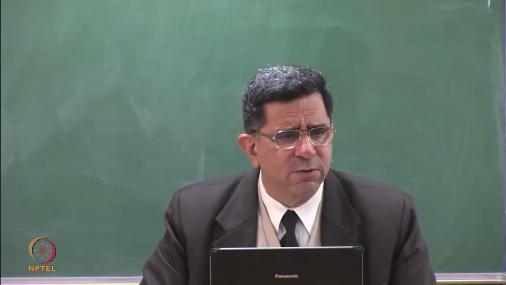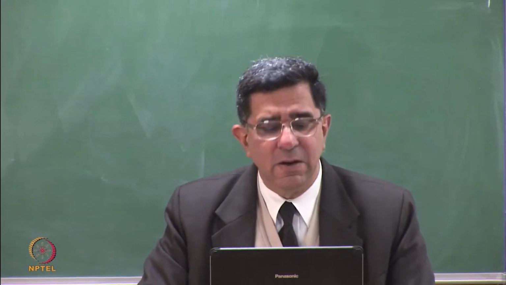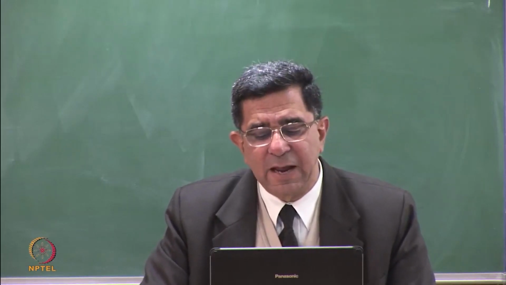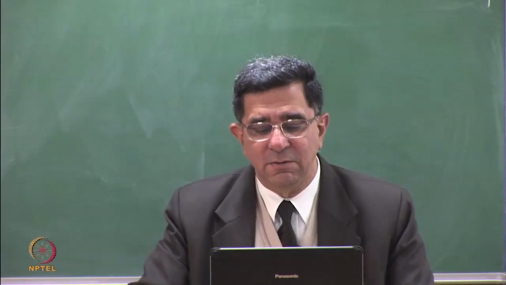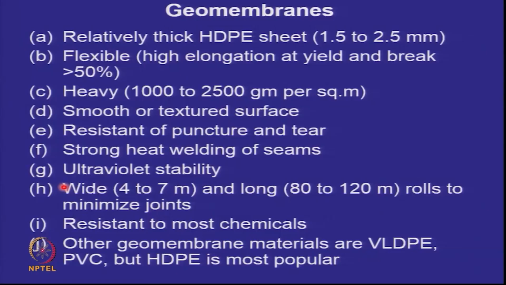That's the width of your drawing room perhaps. So you can get very wide rolls, and the rolls can be as long as 100 meters. So that's the football field. So these can be rolled and they'll come in a truck. To minimize the joints, the wider, the longer, the fewer the joints. They are resistant to most chemicals. Other than HDPE, there are VLDPE, LLDPE, PVC, PET, but most popular is HDPE for liner.